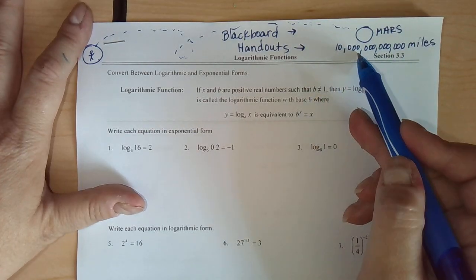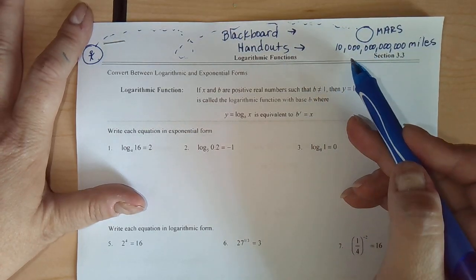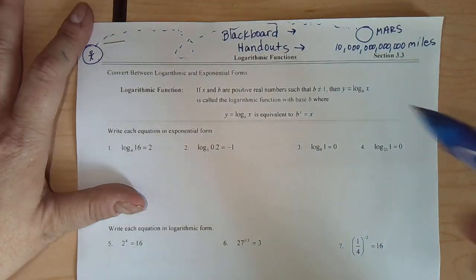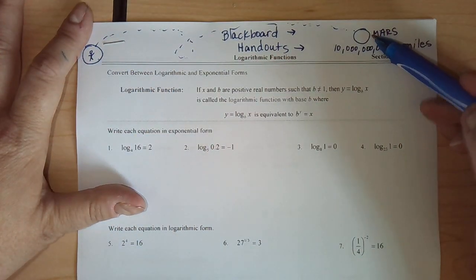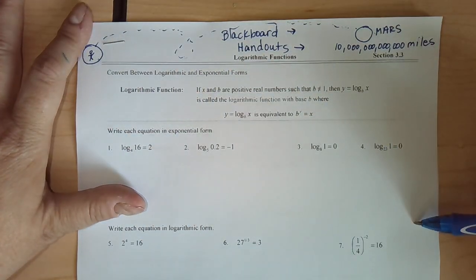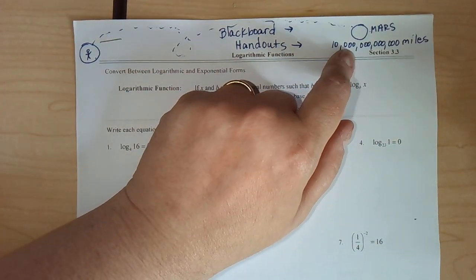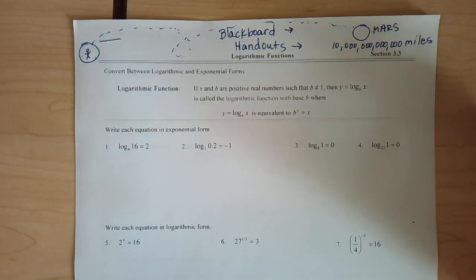This is a huge number. Chances are we're going to write it down wrong, look at it wrong. And if I'm trying to go to Mars and I get my math wrong, I might end up in the sun. So, for really, really big numbers or really, really small numbers, we use something called exponentials.